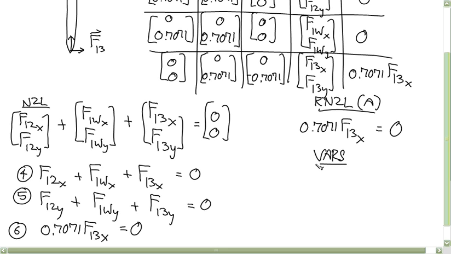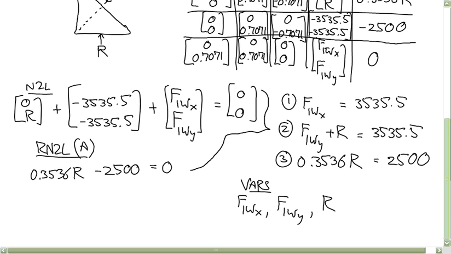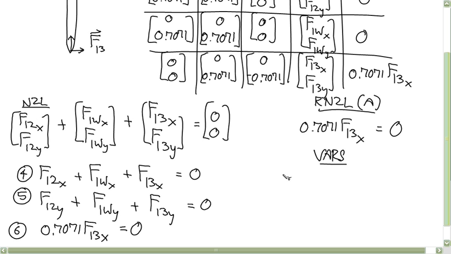And now the variables. We still have from before, we know we're going to have at least all the variables we had before. So 1wx, 1wy, and r.